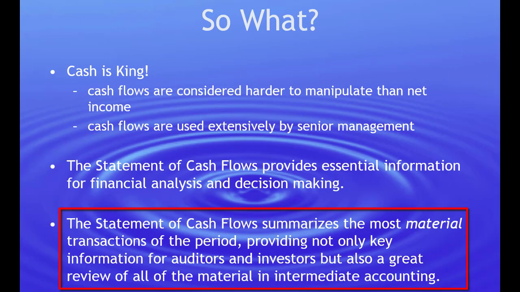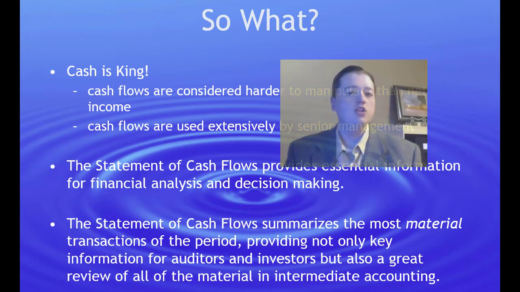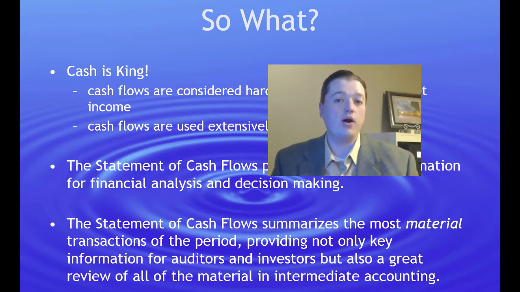So debt that we've taken out, investments that we've made, repurchases that we've encouraged in our own business or with other businesses, what we're doing in our operating section gives an indication of pensions and leases, etc. So all of these fun topics that we've been discussing in intermediate accounting are all summarized in the statement of cash flows as it provides information and summarizes for our investors the major parts of our business. Really neat information in the statement of cash flows that you just don't find anywhere else.